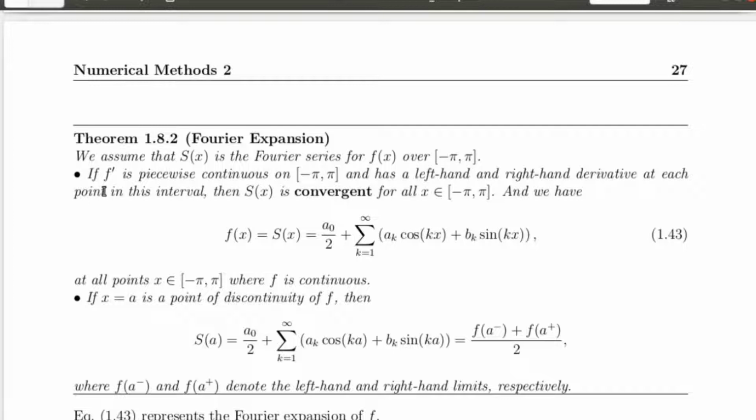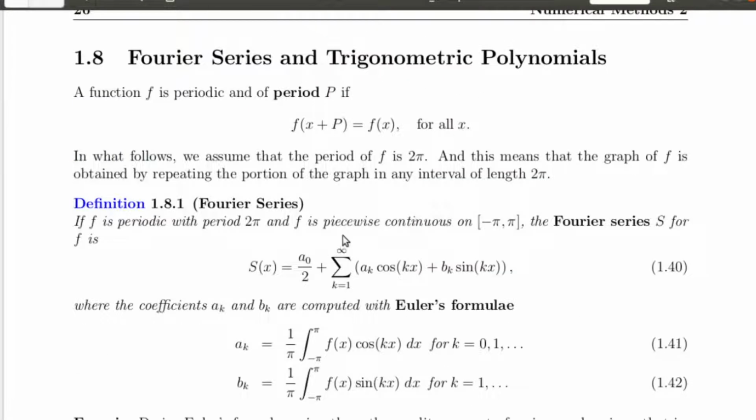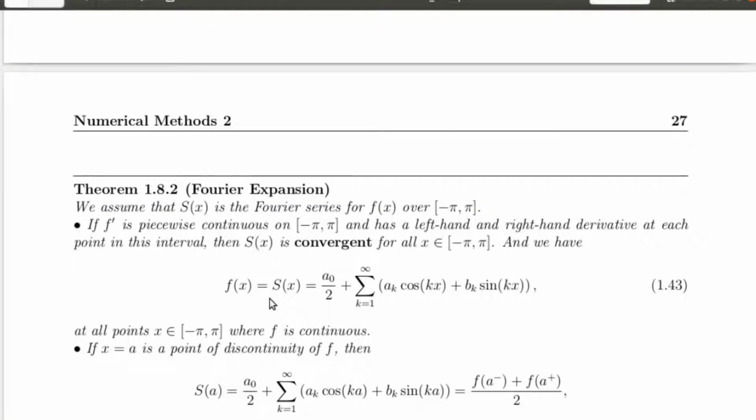Now we have a condition here. If the first derivative of the function f is piecewise continuous. We know that f itself, by construction, by the hypothesis here, is piecewise continuous. We also impose that the derivative is piecewise continuous and has a left hand and right hand derivative at each point of this interval.